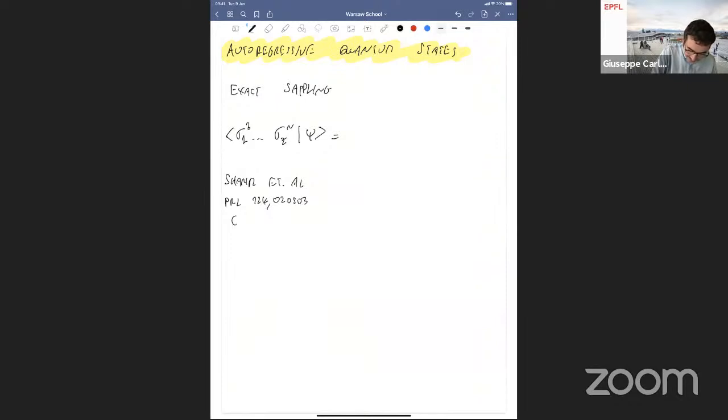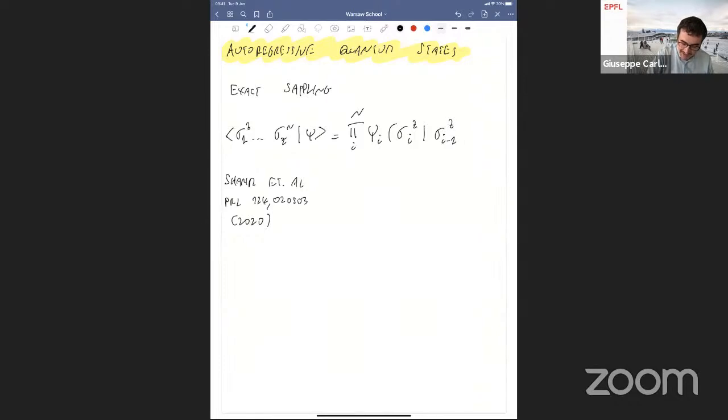24020503, 2020. So the idea is that you write your model, so your wave function, the coefficients, as a product of some normalized conditional, so to speak, wave functions.